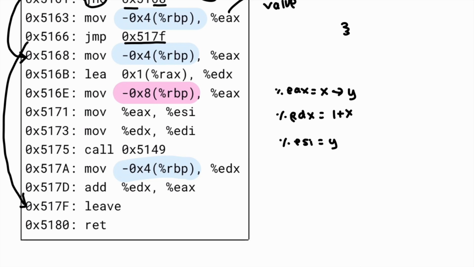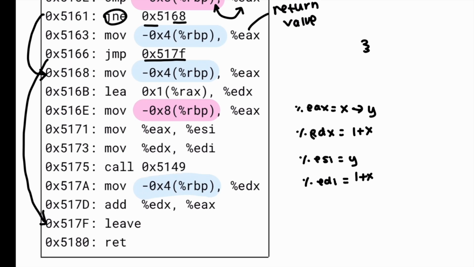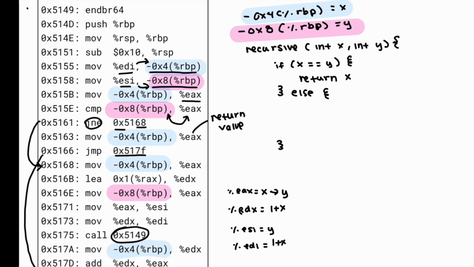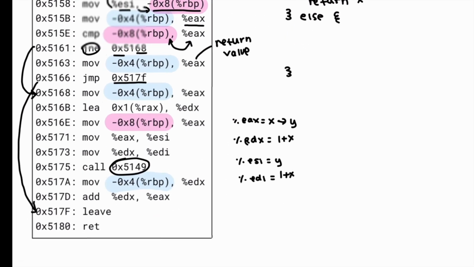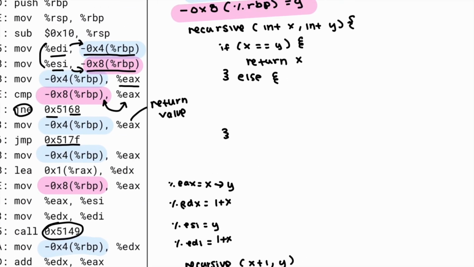And then we're moving EDX into EDI, which equals 1 plus x. And then we're calling 0x5149, but this time with our updated values in our new EDI and ESI. So now we're actually calling our recursive function with x plus 1 and y. So otherwise, we would return recursive x plus 1, y.